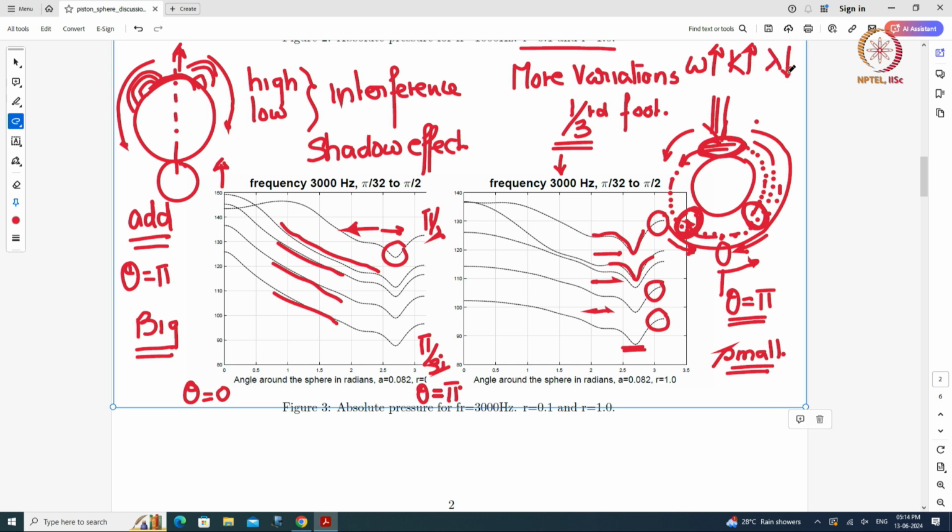So now the radiator is looking much bigger to the wavelength, which is only this much, let us say, and therefore there will be some cancellations on the surface of the radiator also.